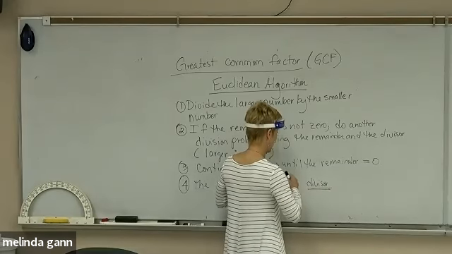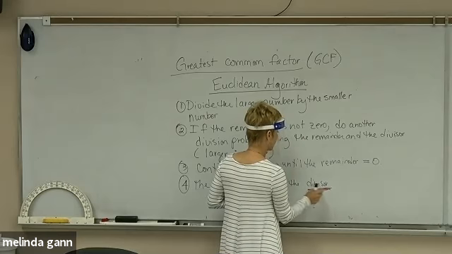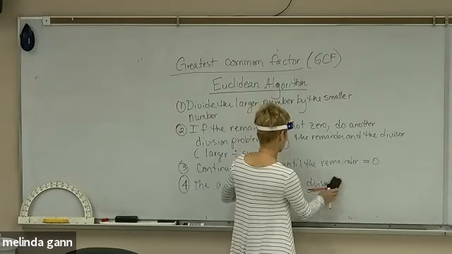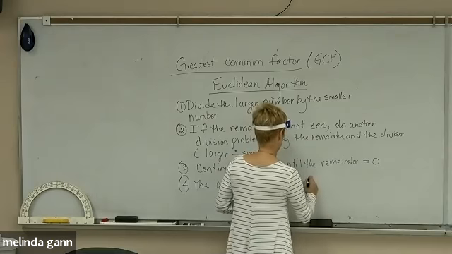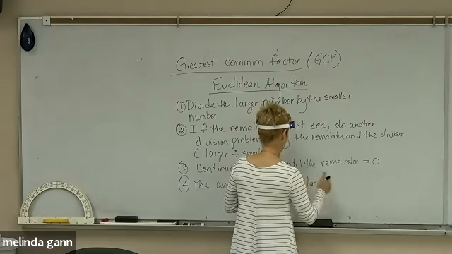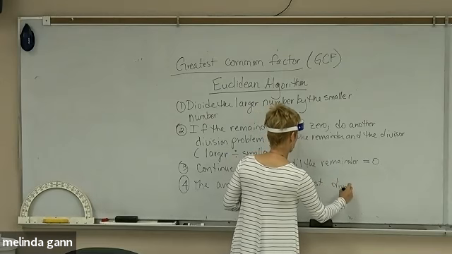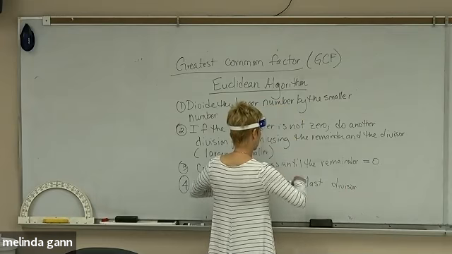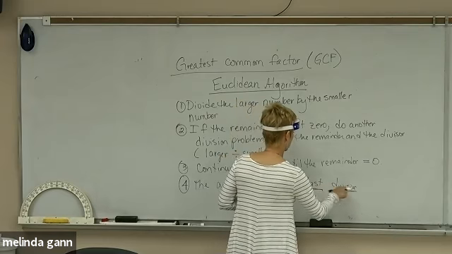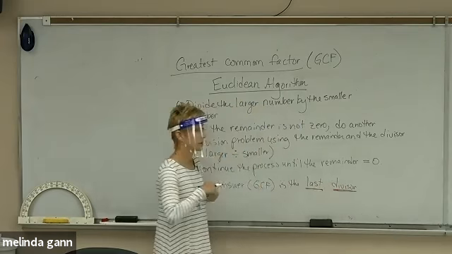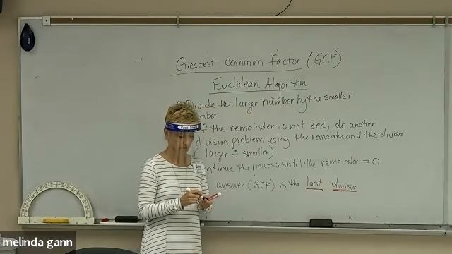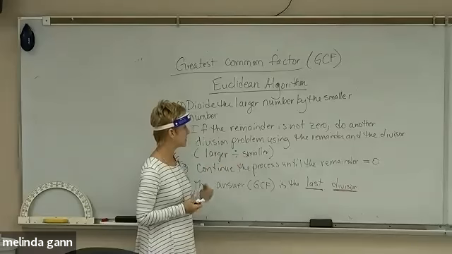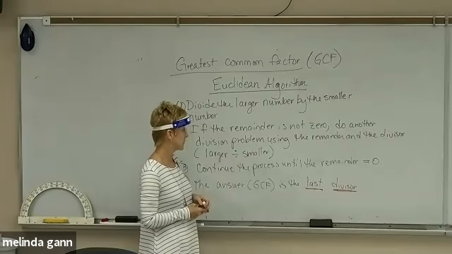You might want to underline that. Let's put the last divisor. That'll make a little more sense, because it's going to seem a little weird. Now you write those steps down because I'm going to switch boards, especially if you're on Zoom. You won't be able to see the steps.